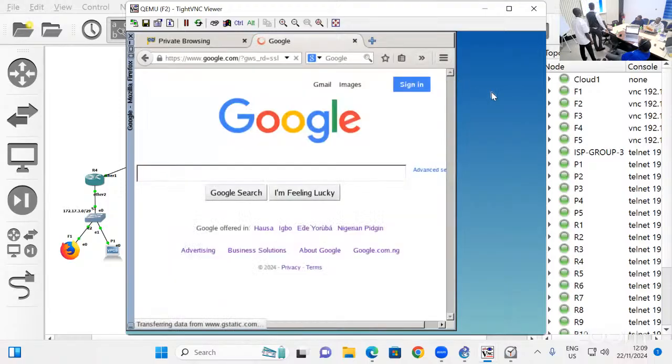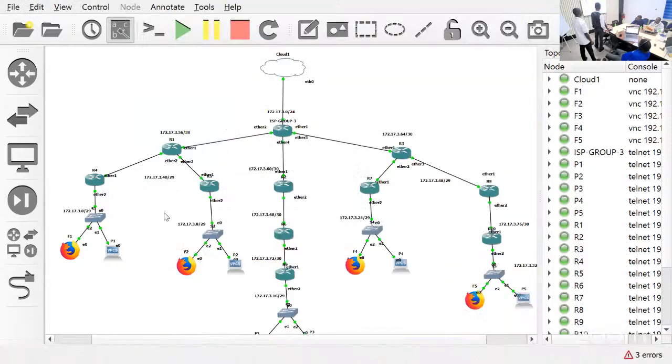All right. Then the last check we need is whether packets can go from this network down to this network. That's transmit around the network.